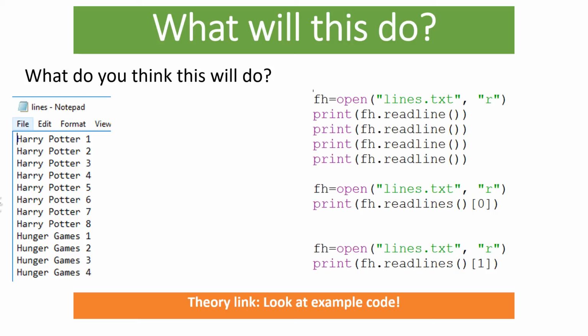When we use print fh.readLine, it's going to read each line of the text file. We could store each of these in an array, and that depends on how you're actually going to use it. You've got two more sections of code, and you can see how we're using an array style to read back certain lines within the text file.